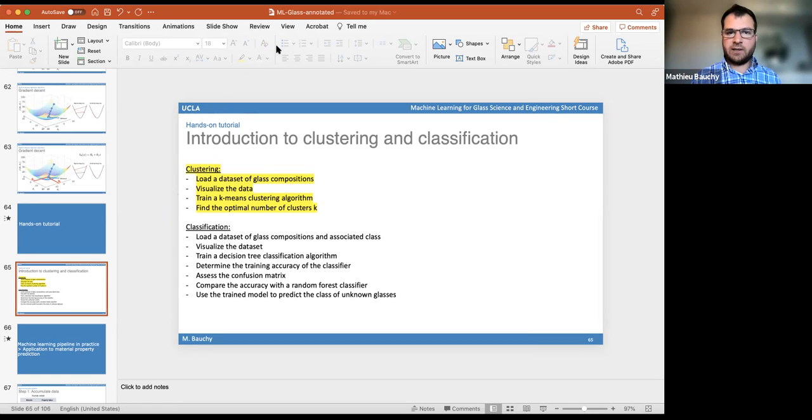Any questions regarding this, or does anybody already have an answer about how many clusters is the best in this case?